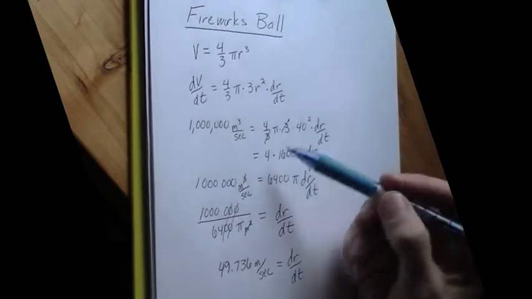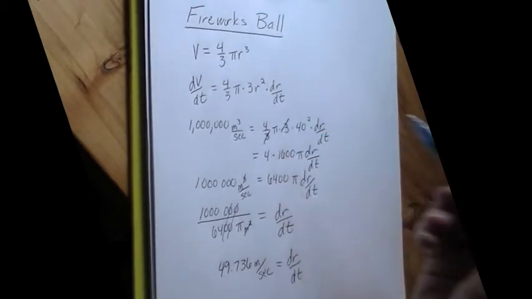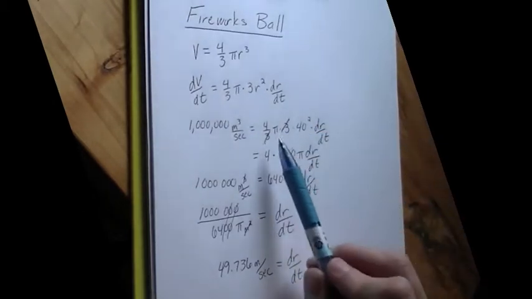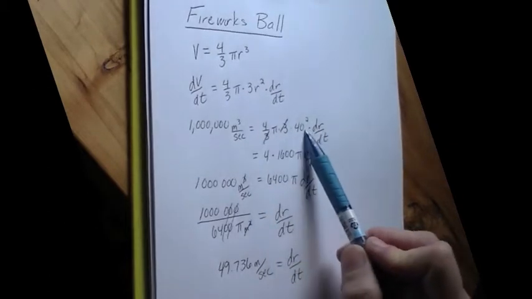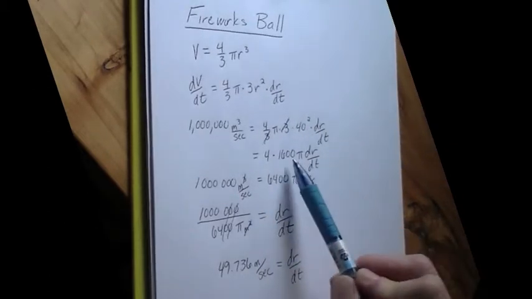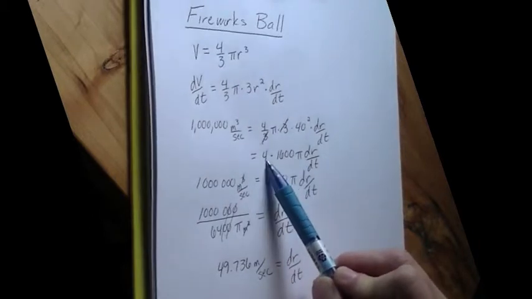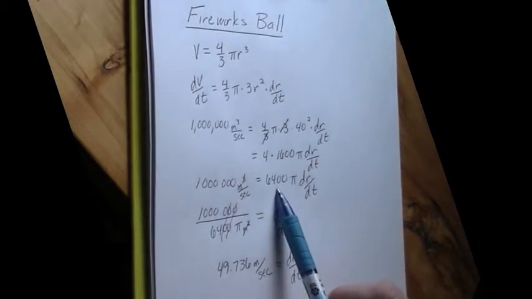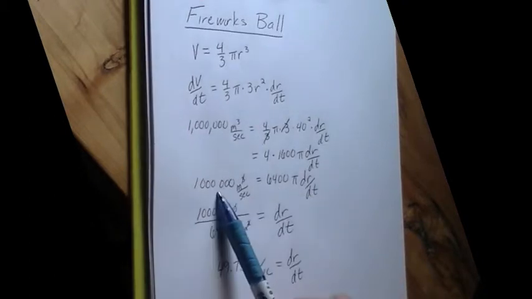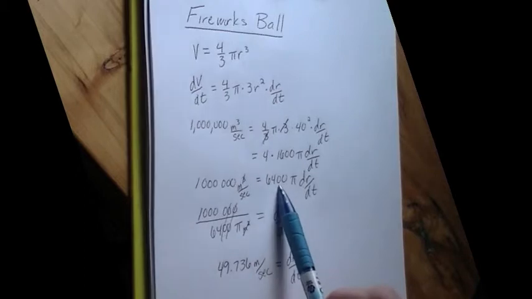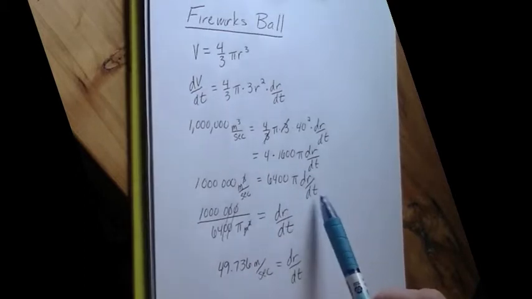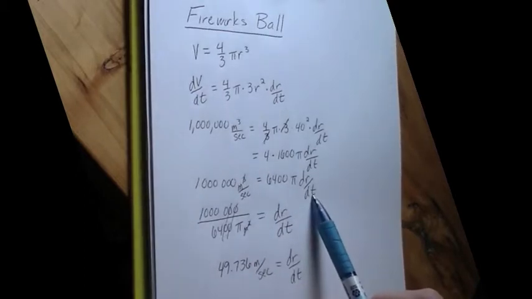So doing the algebra here, notice the 3's cancel out nicely, and I get 4 times pi times 40 squared. 40 squared is 1,600, and 1,600 times 4 is 6,400. So our equation cleans up to be 1,000,000 equals 6,400 pi times dr/dt.